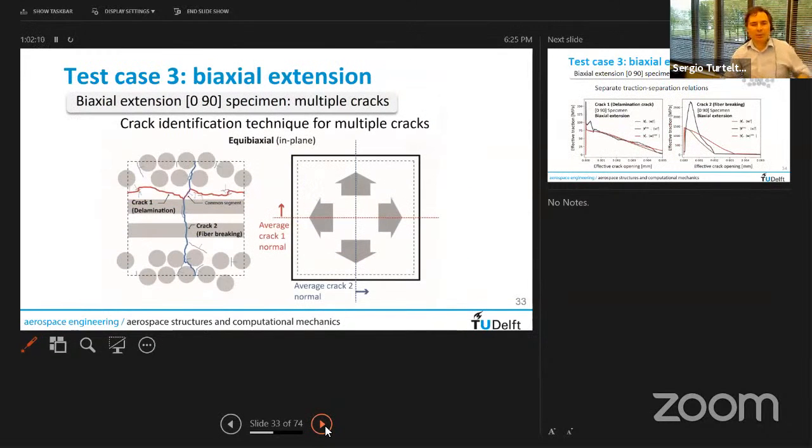We tried this also with another case. I will not bore you with too many cases, but this one is just to show you that we could also do a case with cracks that cross each other. And then we had different types of mechanisms. So we pick up the lamination mechanism here, and then we pick up fiber cracking, and then matrix cracking and debonding. So that can be done as well.